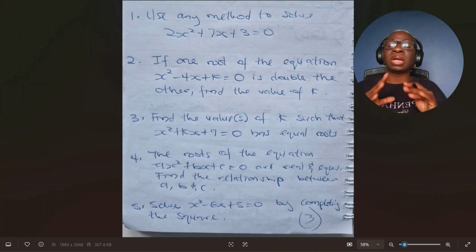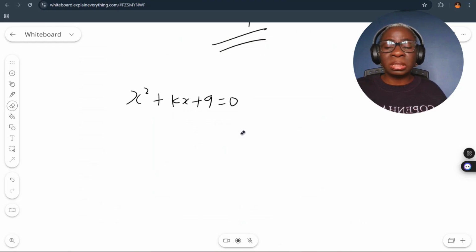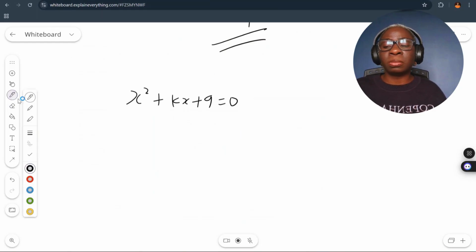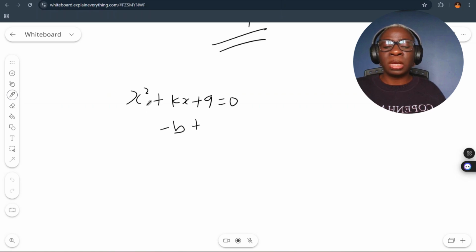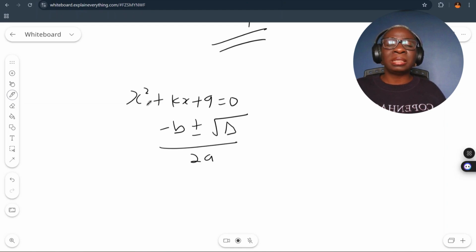When a quadratic equation has equal roots, it means that the discriminant is equal to 0. And what is the discriminant in a quadratic equation? We get it from the quadratic formula, which says minus b plus or minus the square root of d. Everything that is in this square root is the discriminant.